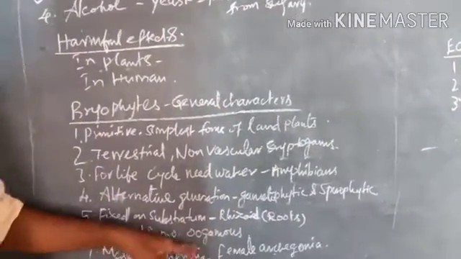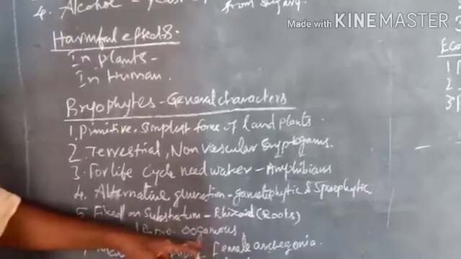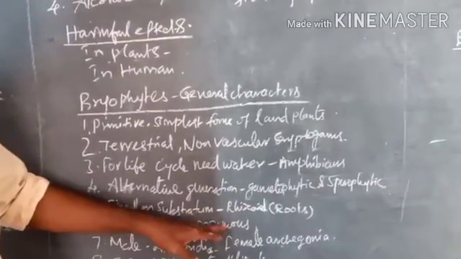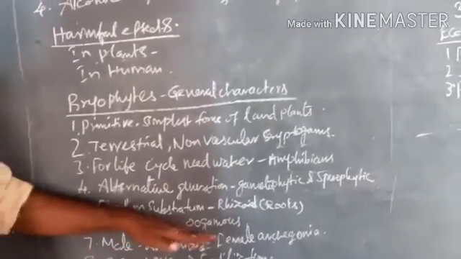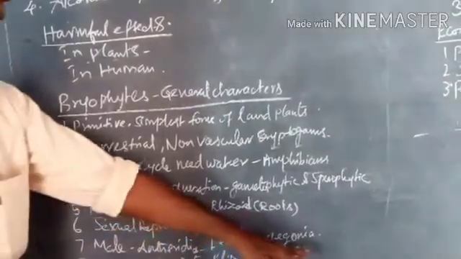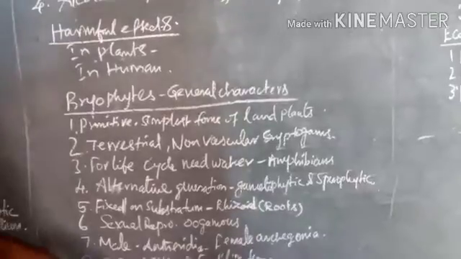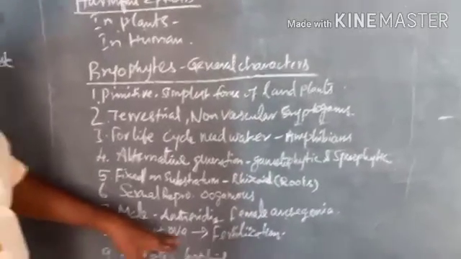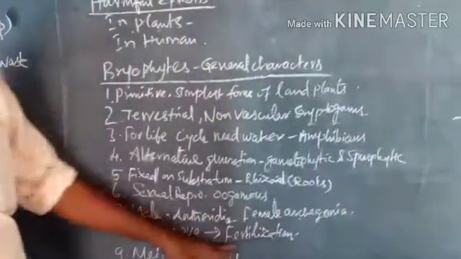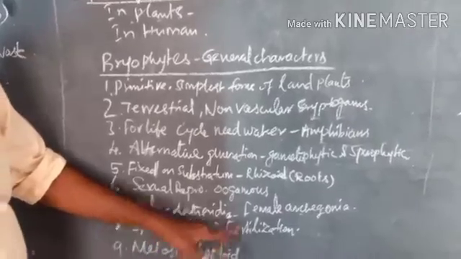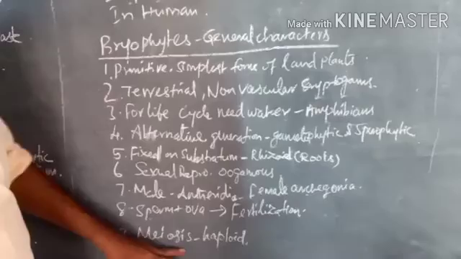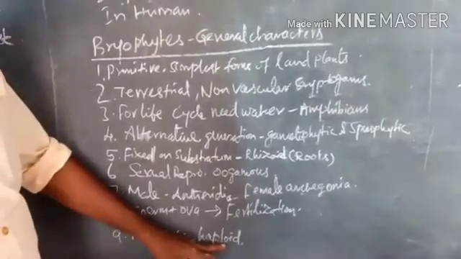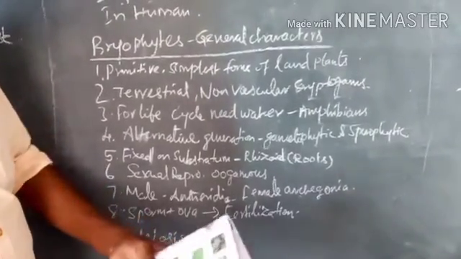Sexual reproduction is oogamous because they produce an egg or ovum. The male sex organ is called antheridia, the female sex organ is called archegonia. The sperm and ovum fuse in fertilization, and the result is the zygote. The zygote undergoes meiotic division and forms a haploid set of chromosomes.